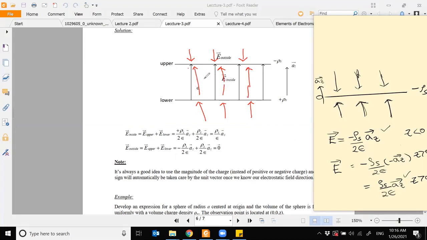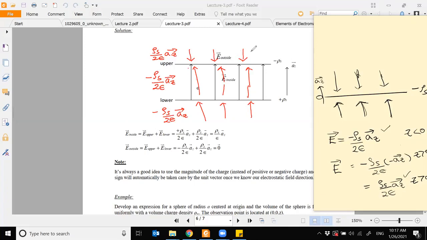So here, this is what? Minus rho S over 2 epsilon times Az. And this is rho S over 2 epsilon times Az. And this is minus rho S over 2 epsilon times Az. These are the field values for this negative charge.